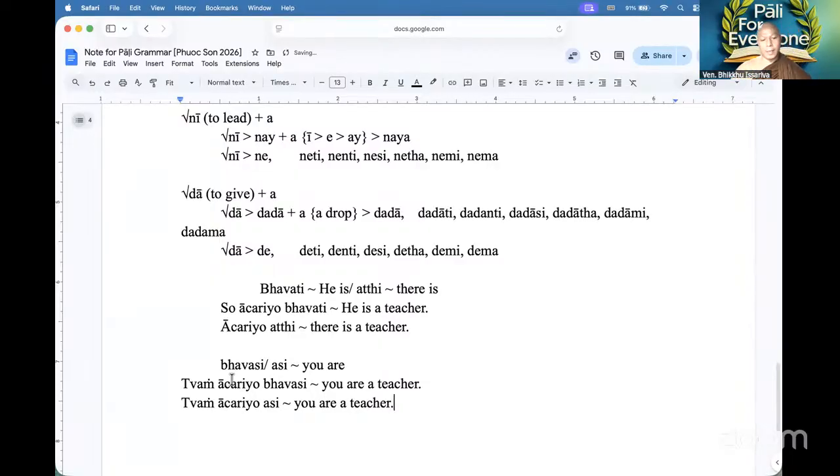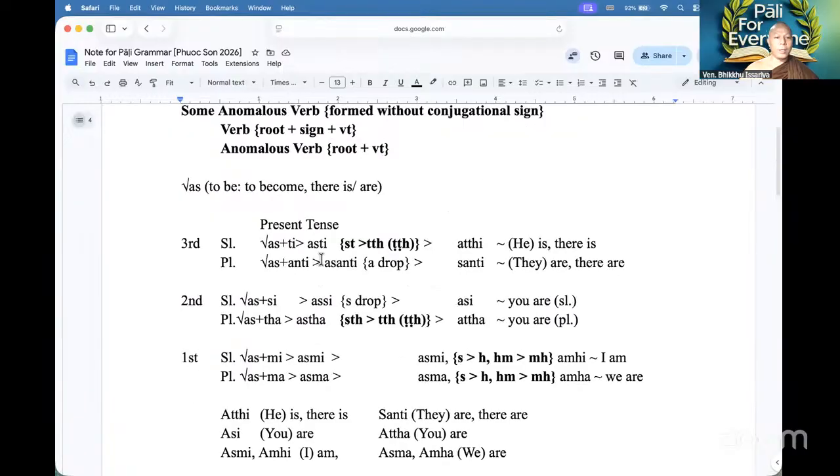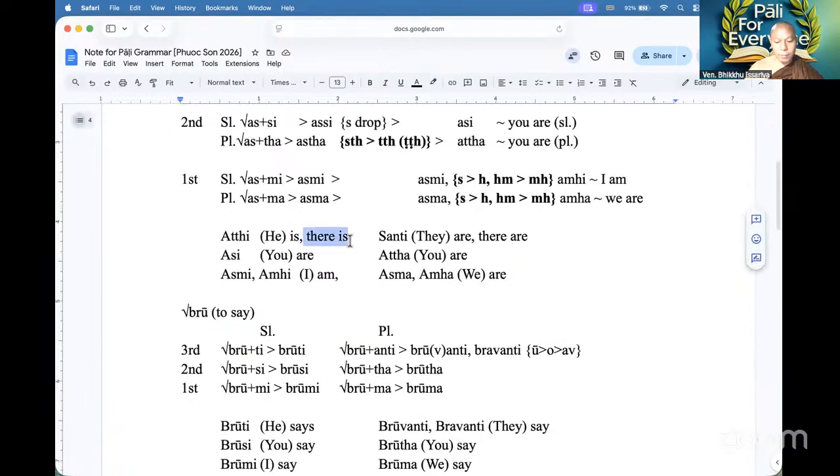But in the Pali texts, only the asi form is very common, more than the other. That is why at the very beginning when I introduced, only in the third person singular, ati and santi, I put the meaning there is and there are. But for asi, it is just you are, not there are you. Atha also, not there are you.